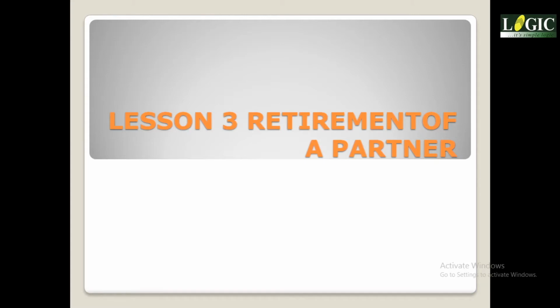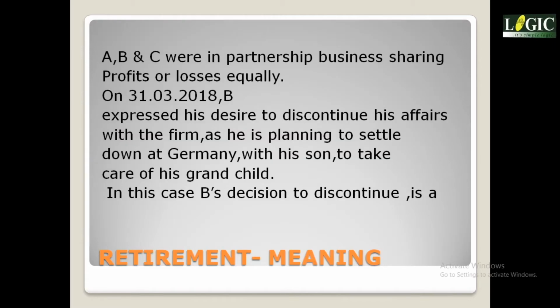Here, retirement means, suppose A, B and C were partners sharing profits or losses equally. On 31st March 2018, B expressed his desire to discontinue his affairs with the firm as he is planning to settle down in Germany with his son to take care of his grandchild.